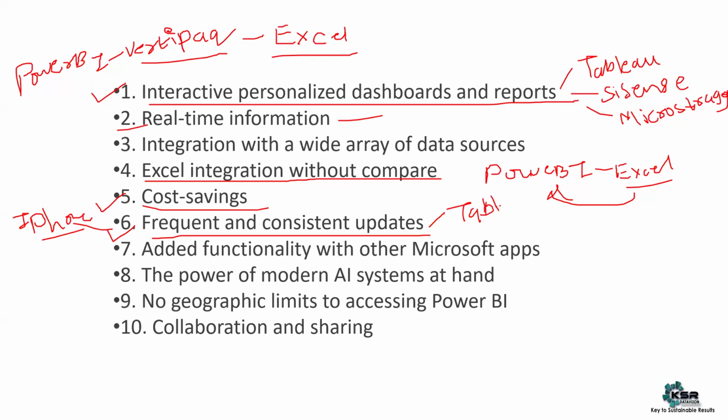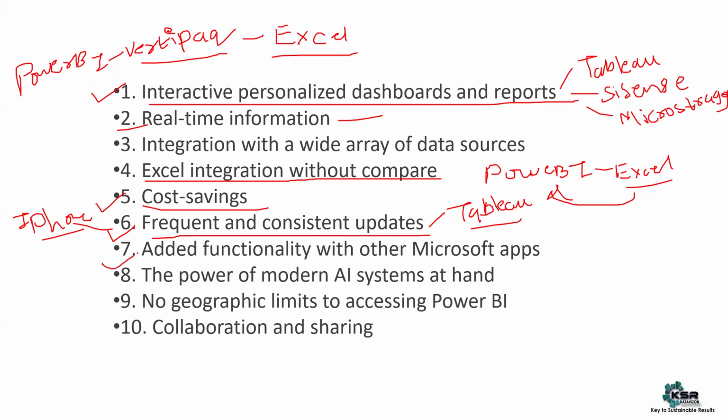There is a rare chance they will give you updates on a monthly basis, but usually quarterly or half-yearly updates. And if you compare any other tool, monthly updates are not available. There's only one tool, Power BI, where monthly updates are done. Some update or other is available in Power BI, so you can use the current month's update. You can upgrade your Power BI as well.